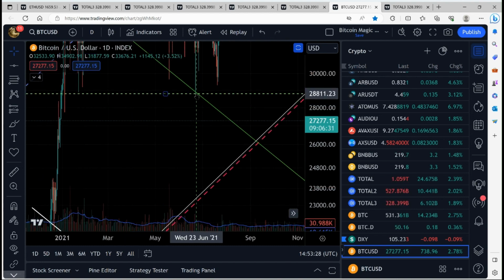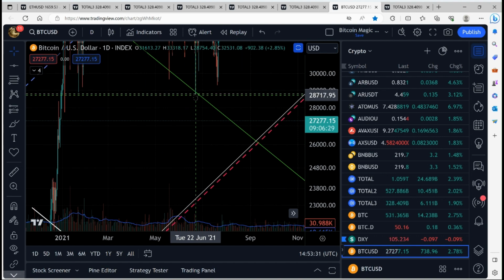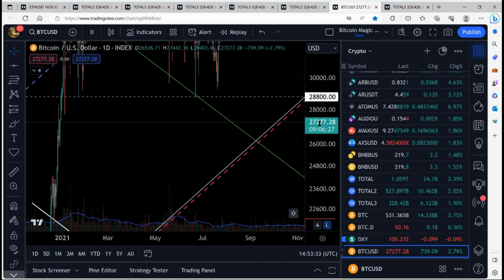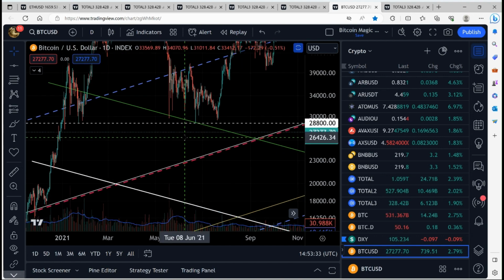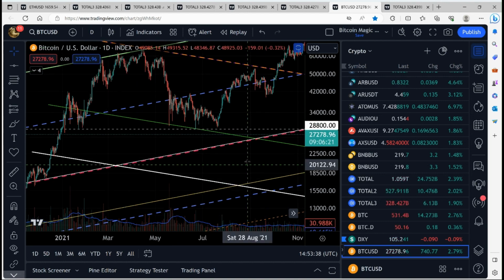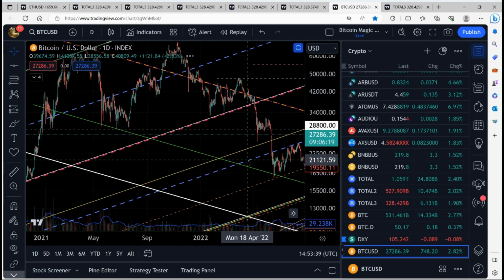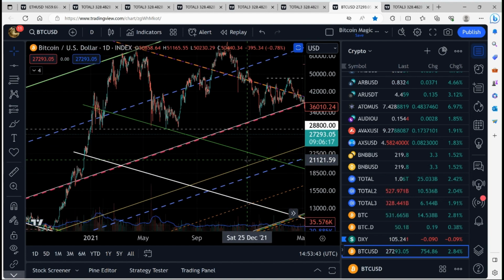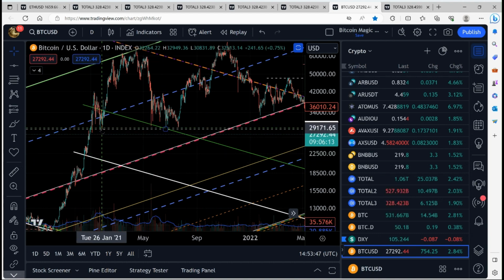But this is where that all stems from, our low in between our double top from 21, and as well as back here, you can see.